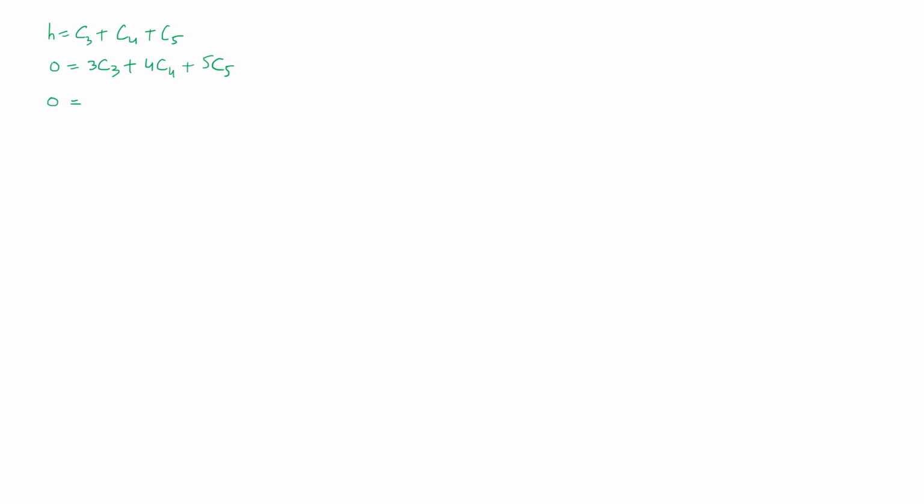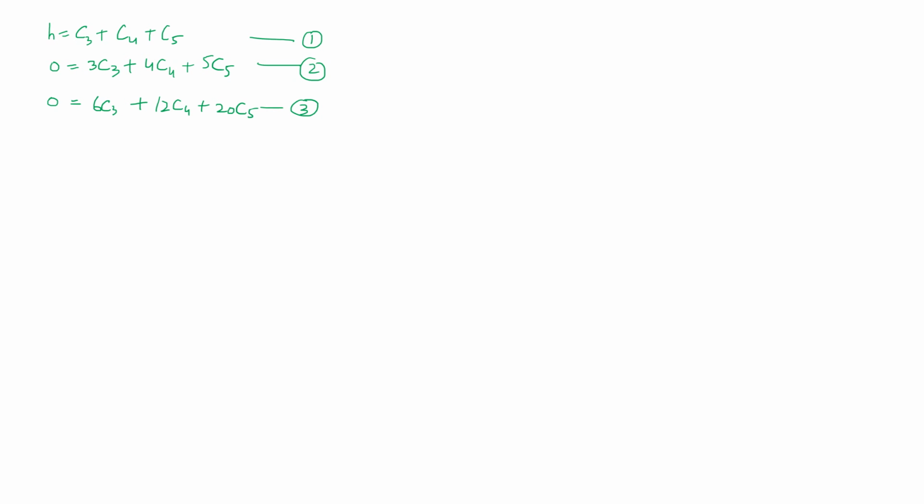This turns out to be equal to 0 to be equal to 6C3 plus 12C4 plus 20C5. So let's label them like equation number 1, 2, and 3 over here on this slide.